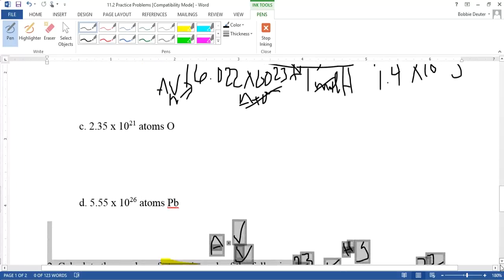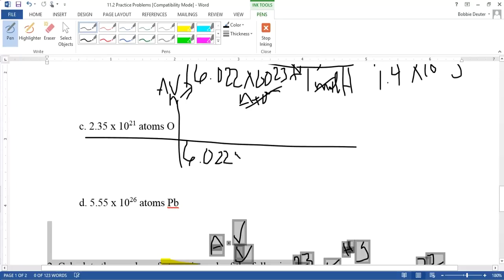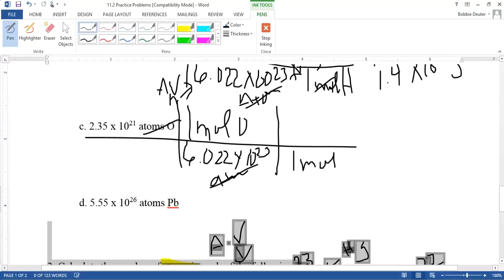Okay, so here we have atoms, and we're going to go to grams. So we use Avogadro's number here, 6.022 times 10 to the 23rd. We put 1 mole here. Again, we're using this 1 mole of oxygen. We're canceling out atoms here and here. We got to put 1 mole here. That 1 mole, again, it's not always going to be 1 mole. We're doing that right now, but it's not always going to be 1 mole.